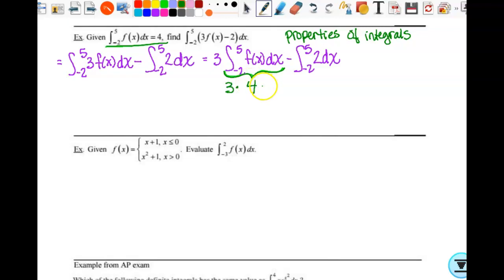Minus, do you remember what we do when we integrate a constant? 2 times the change in x. What's the change in x? 7, because I go from -2 to 5, so that change is 7. So minus 2 times 7.